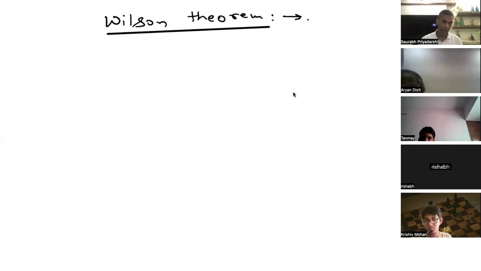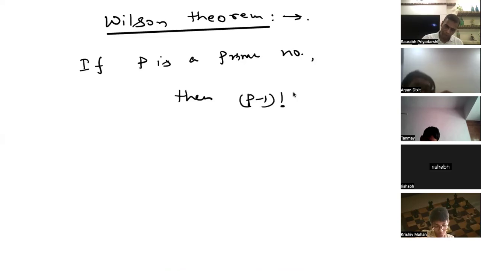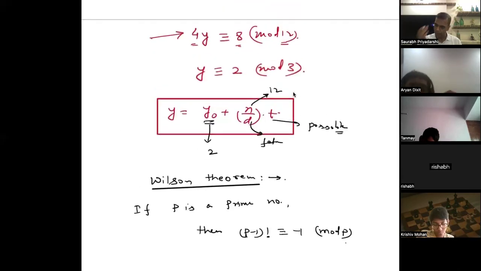What did the Wilson theorem say? If p is a prime number, then (p minus 1) factorial is congruent to minus 1 mod p. Right?